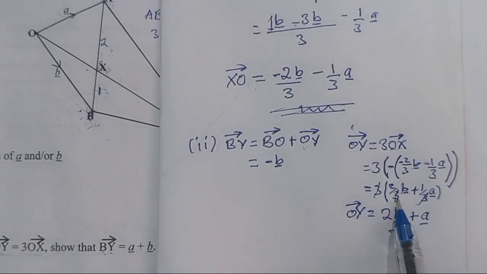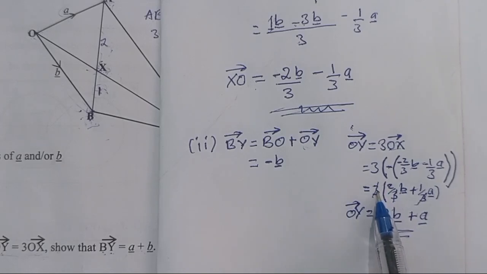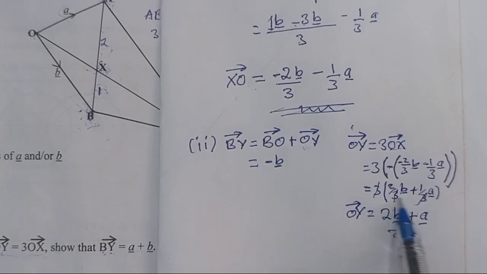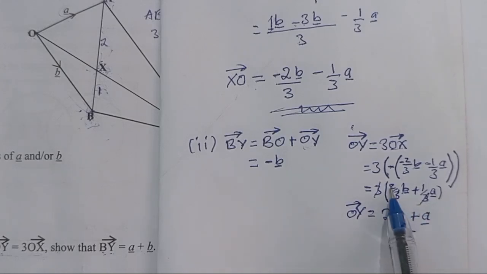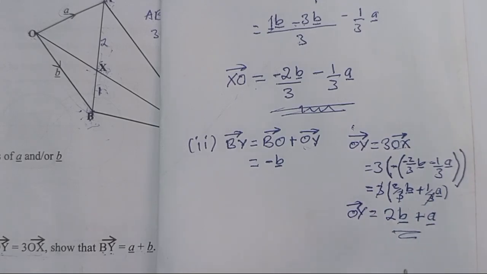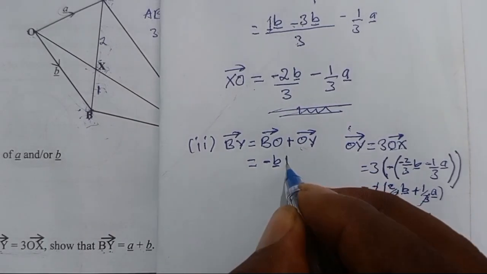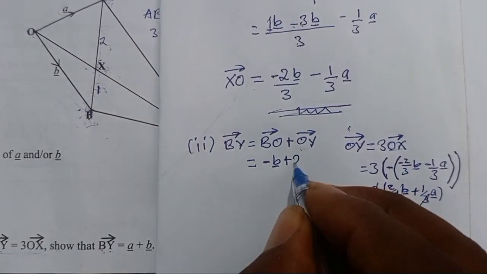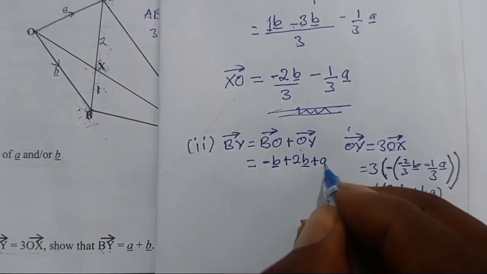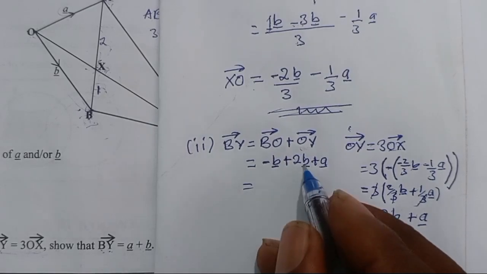Remember that the common denominator there is 3, and we are multiplying with this 3, so this 3 and that 3 go. We remain with 2 scalar b plus scalar a. So that is my OY. I'll substitute now: plus 2 scalar b plus scalar a. Negative and positive, you subtract, these two are like terms.